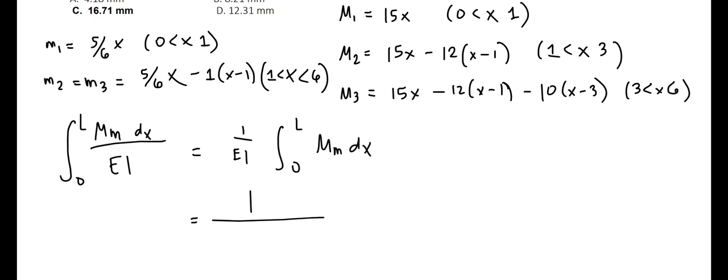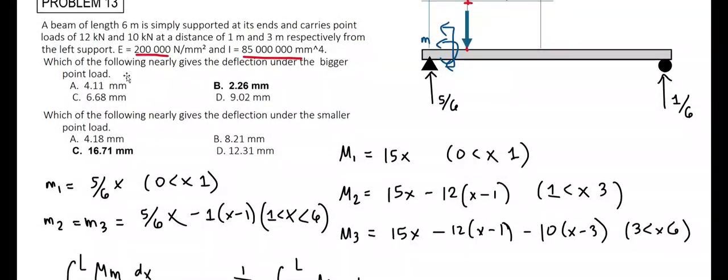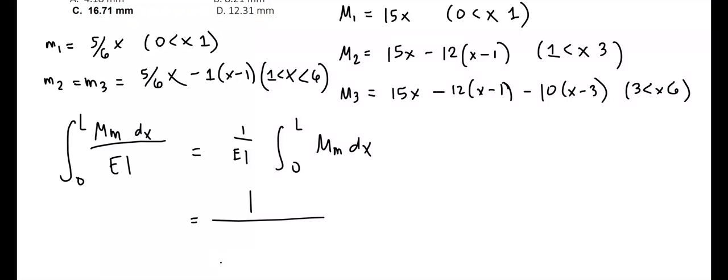So we have the flexural rigidity that is equal to 200,000 times 85 times 10 raised to the power of 6. And then we multiply this by the integral of the product of the moment equation.